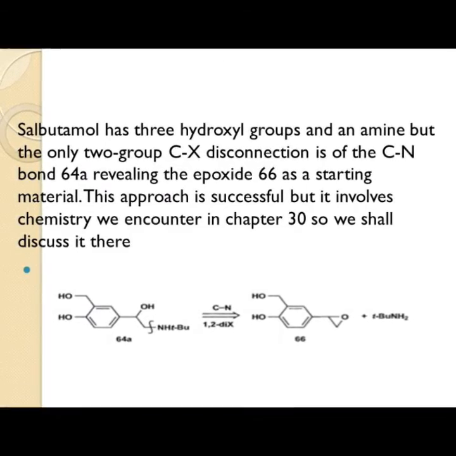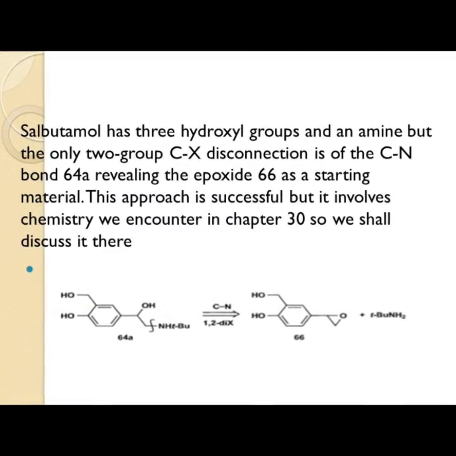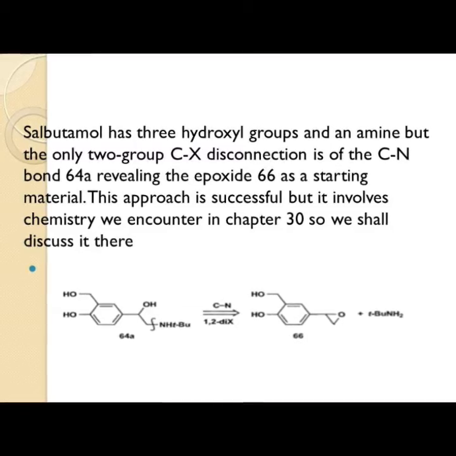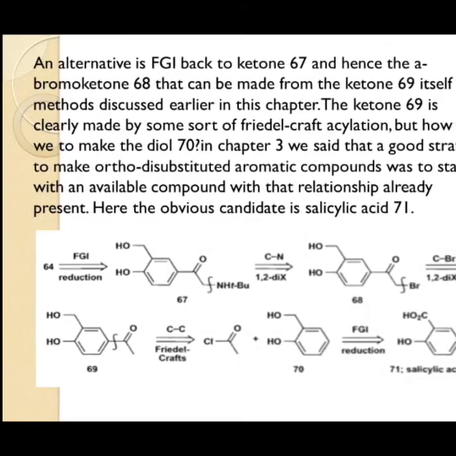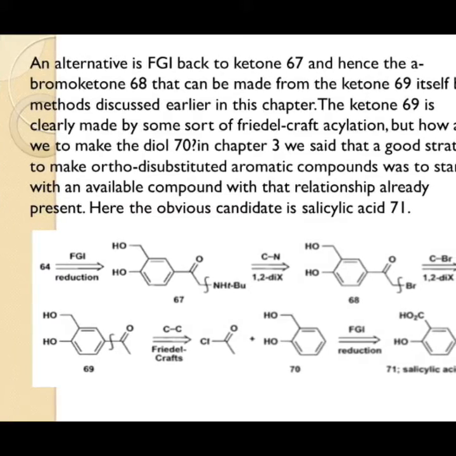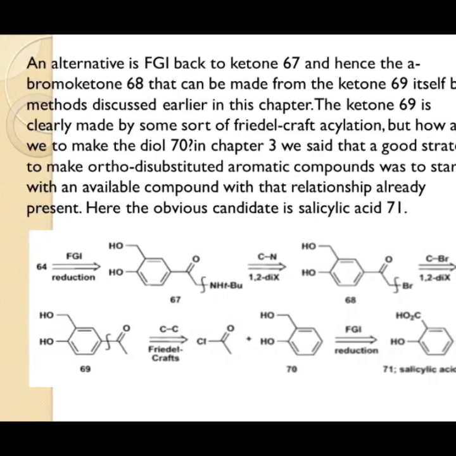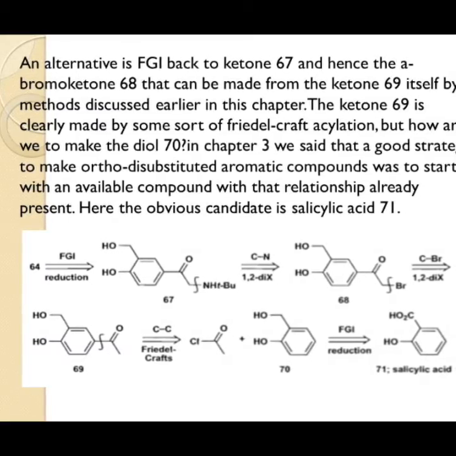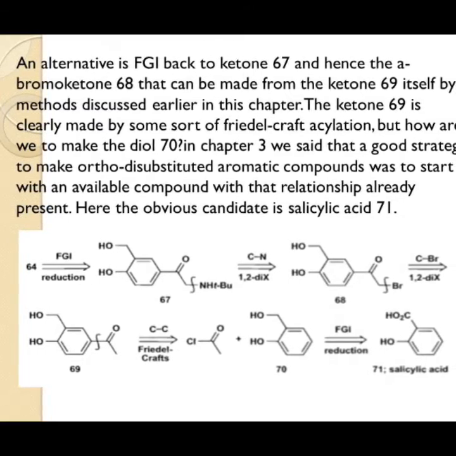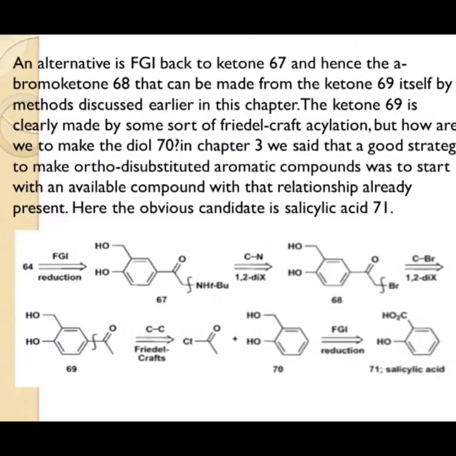This approach is successful, but it involves chemistry we encounter in Chapter 30, so we shall discuss it there. An alternative is FGI back to ketone 67 and hence the bromoketone 68 that can be made from the ketone 69 itself by methods discussed earlier in this chapter.